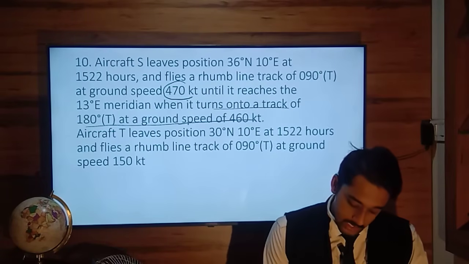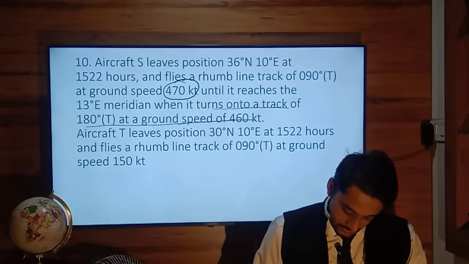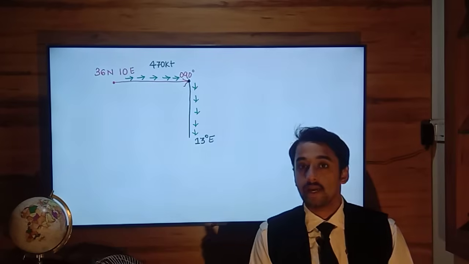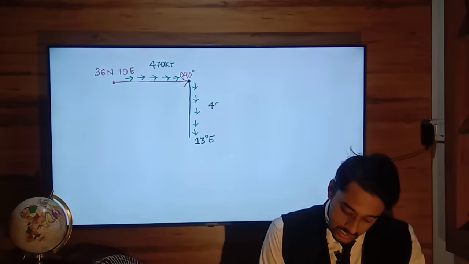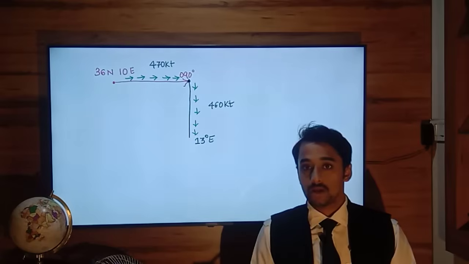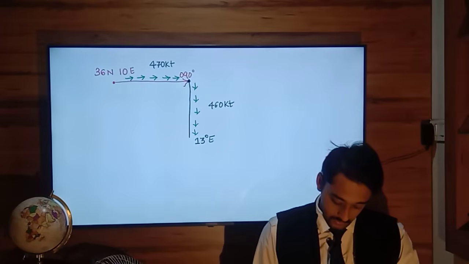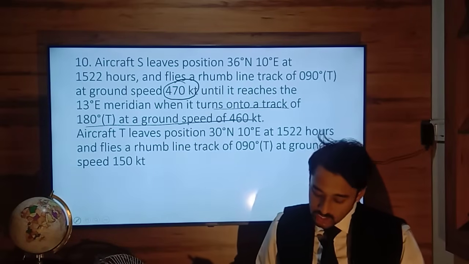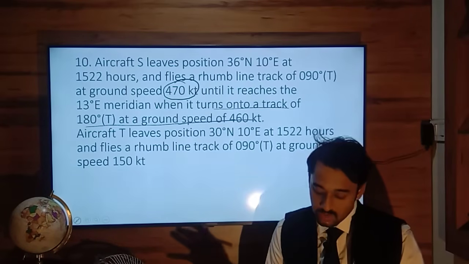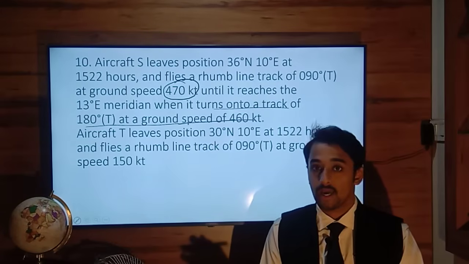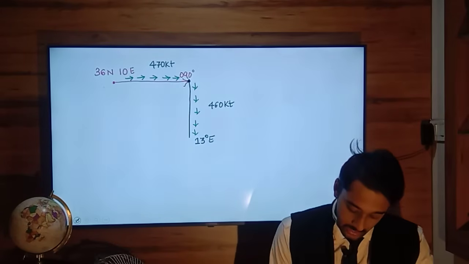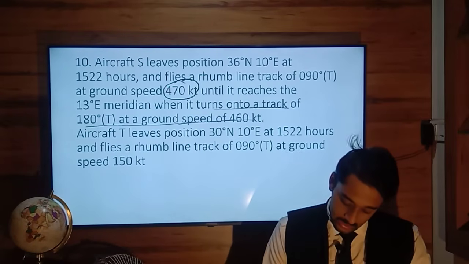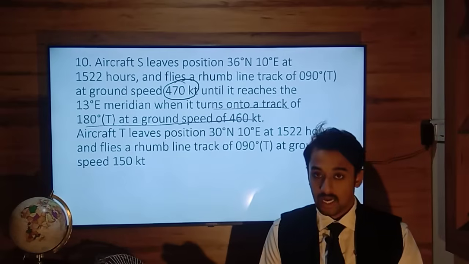Starting speed was 470 knots, and the speed decreased by 10 knots and became 460 knots. Next, this is the information that we have been given about aircraft S. Initial time was 15:22 and the next time is not given.